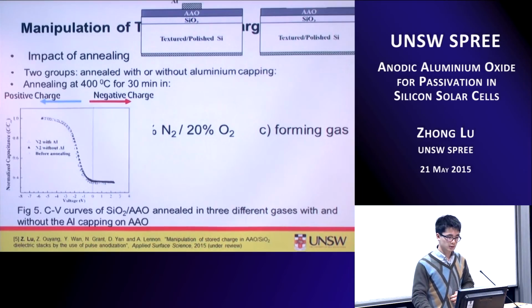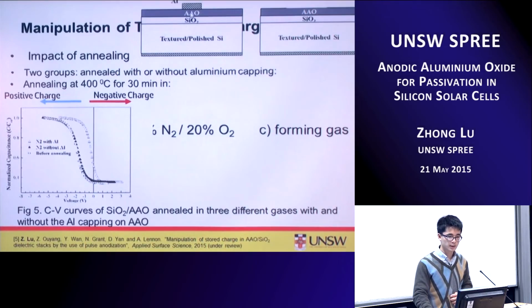As you can see here, after annealing without the aluminum capping, the curves almost overlap, with a slight change in shape which corresponds to the change in the interface defect. But if you anneal the sample with the aluminum capping, you have a strong shift to the negative charge.